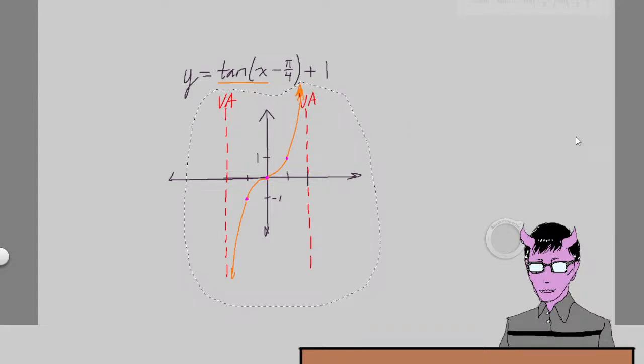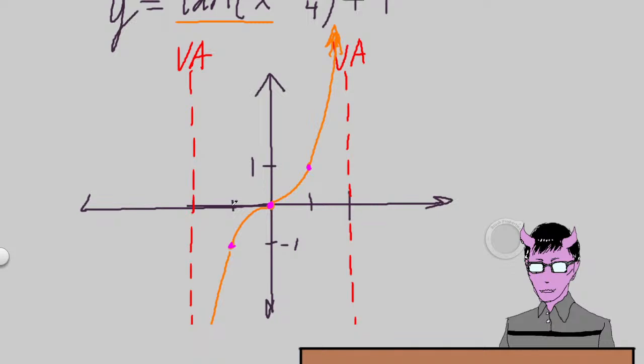So let me label the hash marks before we do the shifts. So this is pi over 4. This is pi over 2. Negative pi over 4. And then negative pi over 2. Because we're going to do a shift, let me put more hash marks.